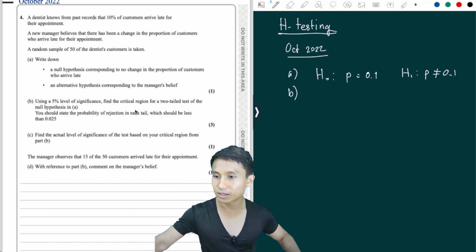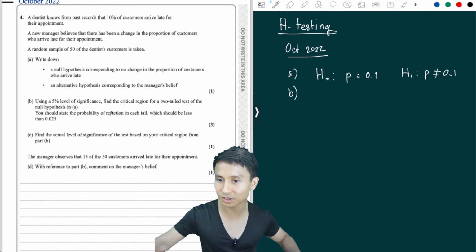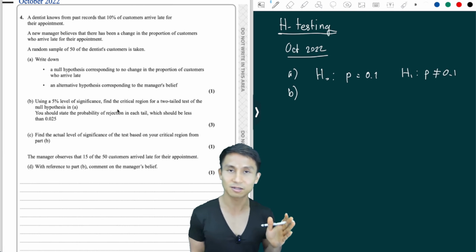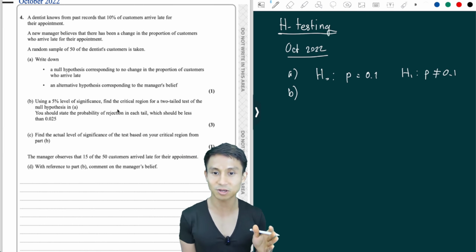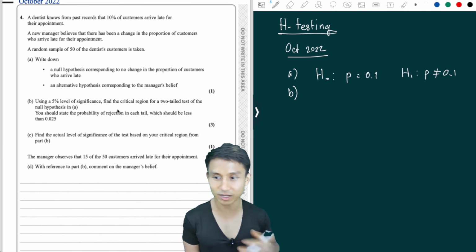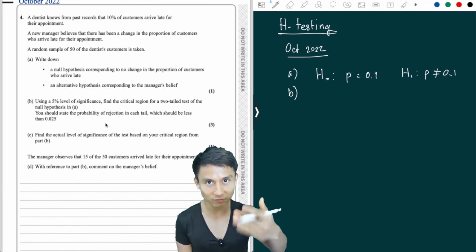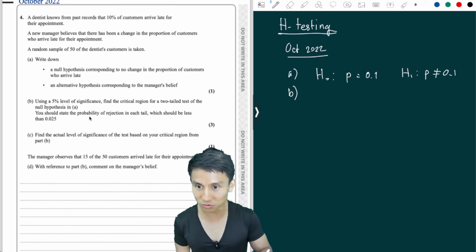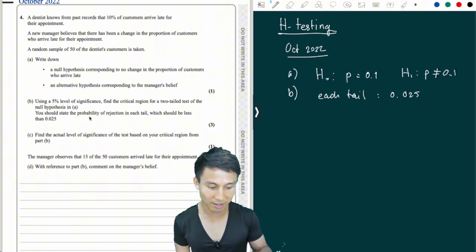Part B, using 5% level of significance, find the critical region. Now this might be confusing for some students. Okay, I have experience having to teach students and they get confused about critical region here, but let's see. Okay, so it's good for your revision as well. So we're gonna use each tail, 0.025.